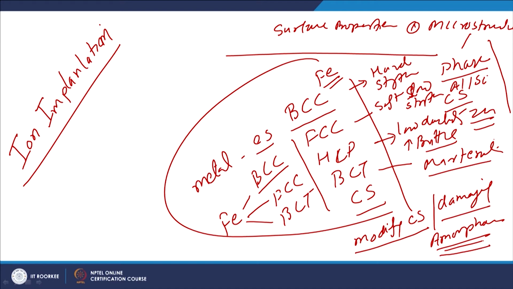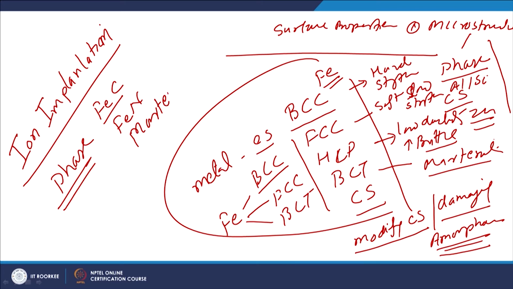Another aspect related to surface properties is the kind of phases present. There can be iron carbide or iron nitride, martensite, or various other intermetallic compounds at the surface.